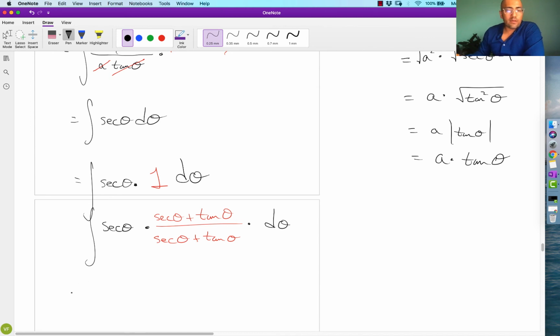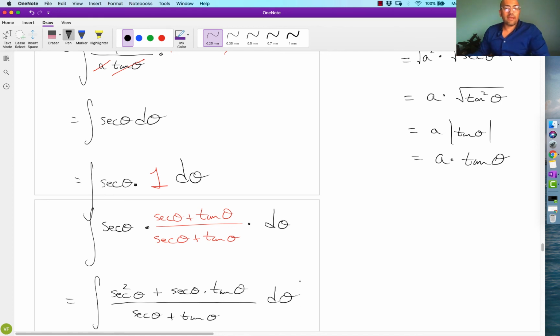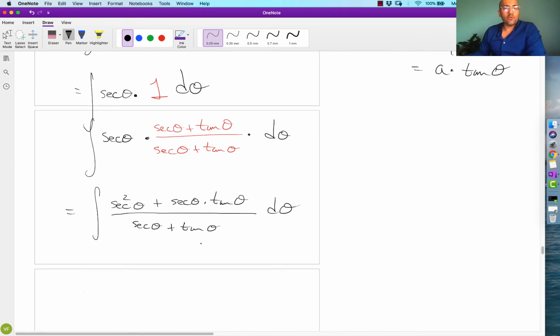Distributing it, we end up with the integral of secant squared theta plus secant of theta times tangent of theta divided by the denominator, which is secant theta plus tangent of theta d theta.